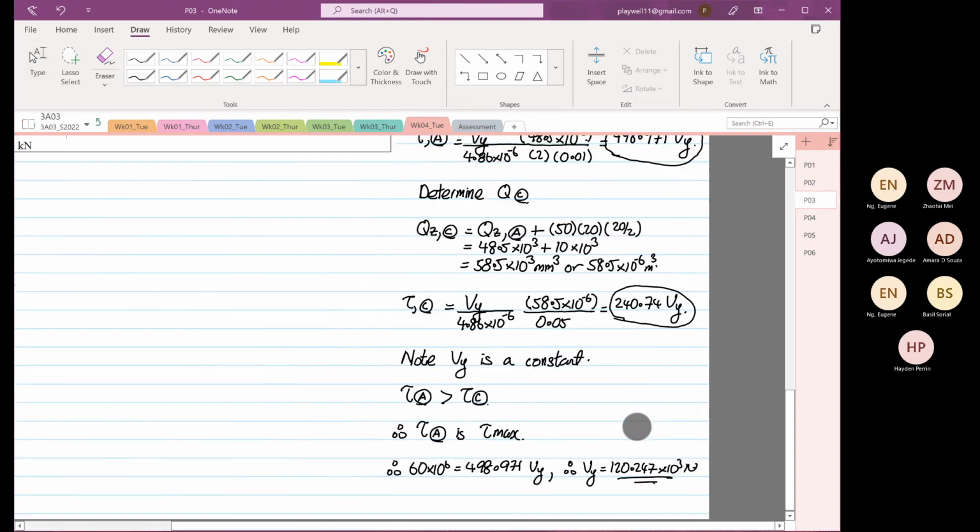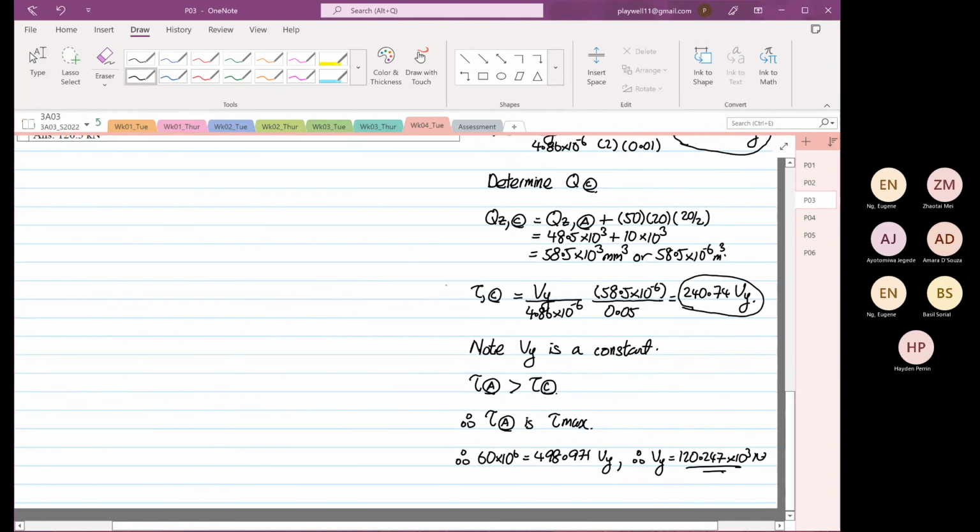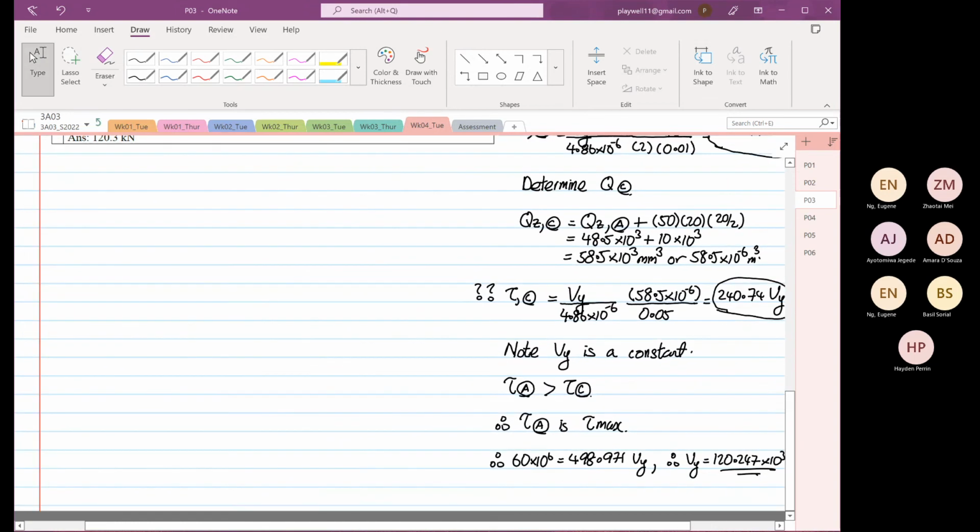Some student did ask me, what if you use the shear stress at point C? Let's say you did not know this, and you calculate based on the shear stress at point C. So what you will get is 60 times 10 to the power 6 equal to 240.74 Vy.